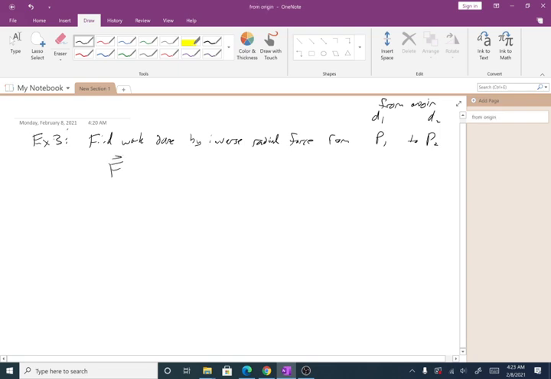So the force in question will be k r divided by r squared. So notice it's radial. It only points out from the origin.